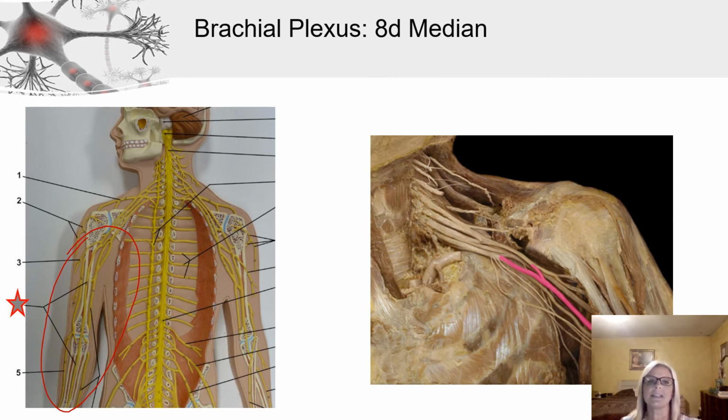So C6 to T1 innervates the flexor and pronator muscles. So I'm going to pour out my soup, or pronate. This is going to split into two branches and form the anterior interosseous nerve and the palmar cutaneous nerves. So this is going to split and then have different names and have their other purposes.